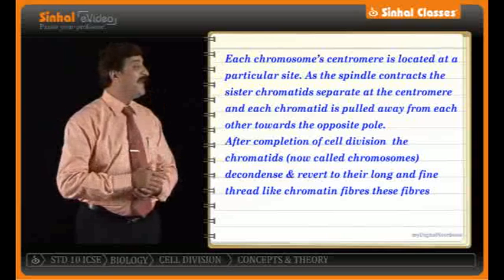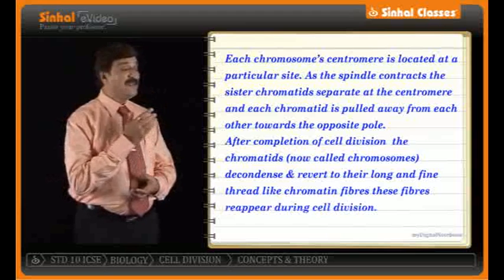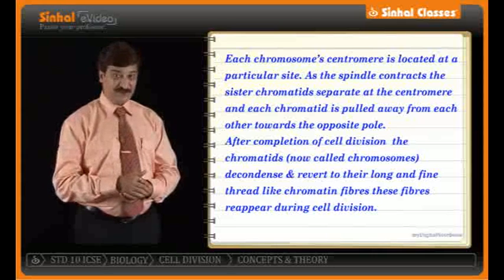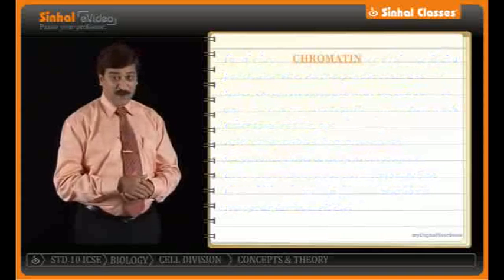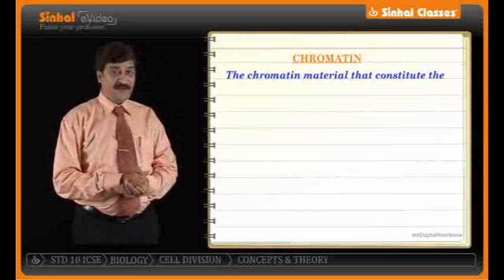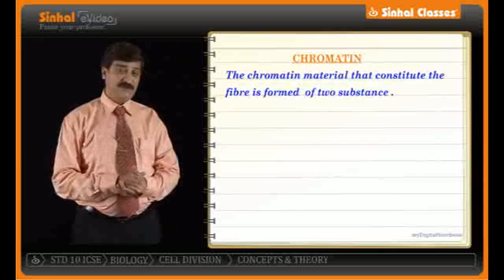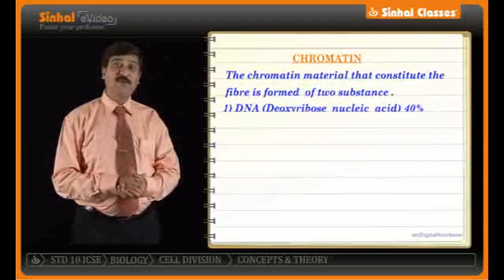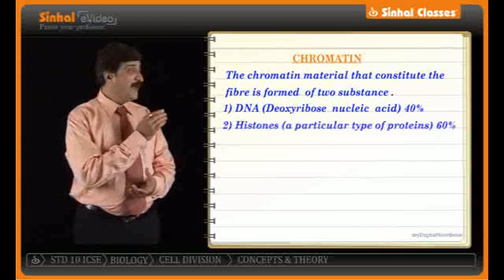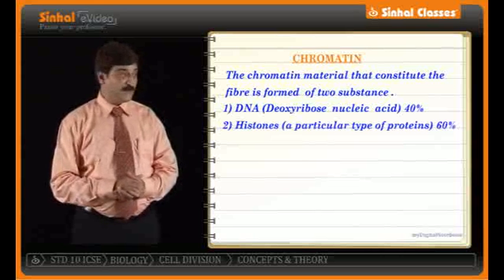decondensation, resulting in thread-like structures, which are chromatin fibers. These fibers will reappear during the next cell division. Let us see the details of chromatin. The chromatin material that constitutes the fiber is formed of two substances: DNA, deoxyribose nucleic acid, which accounts for 40%, and histone, a particular type of protein, which accounts for 60%.